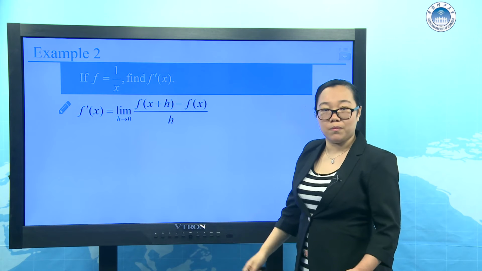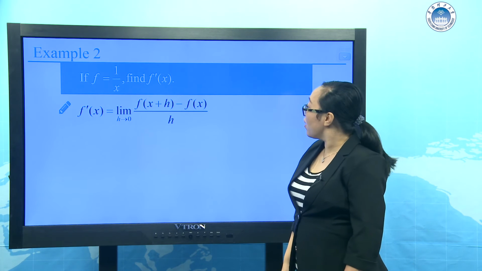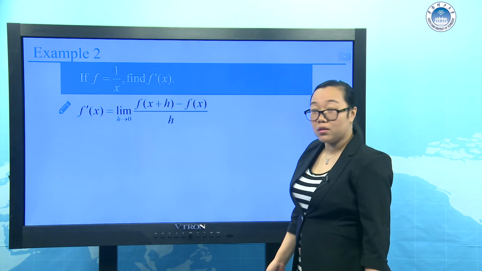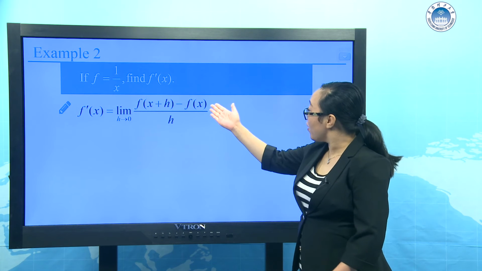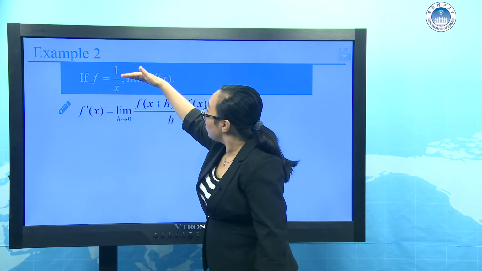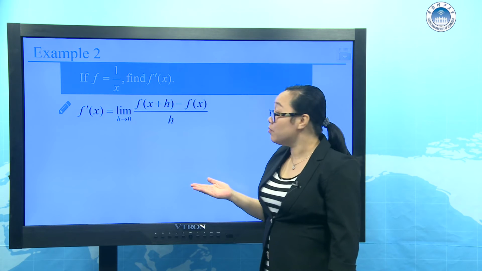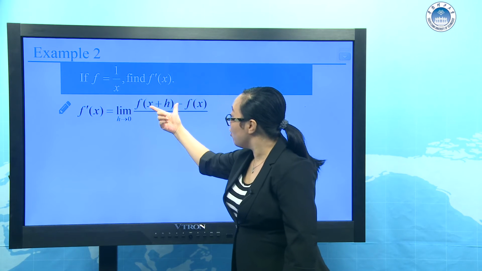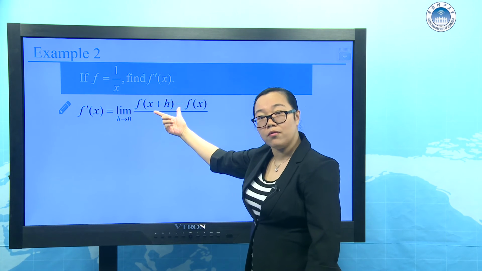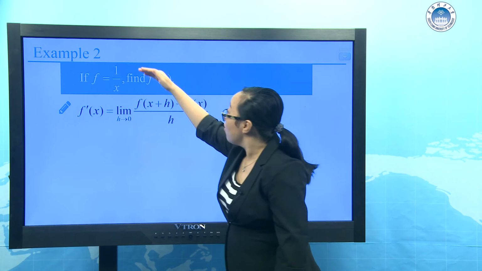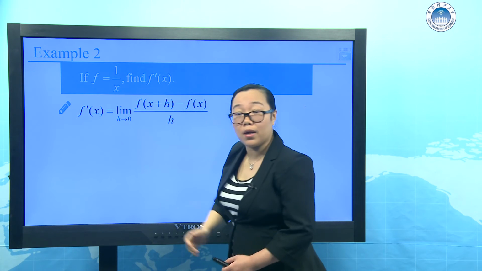Yes, the definition. What is our f(x)? f(x) equals 1 over x. How about f(2)? f(2) means 1 over 2. How about this term? f(x + h) means 1 over x plus h.